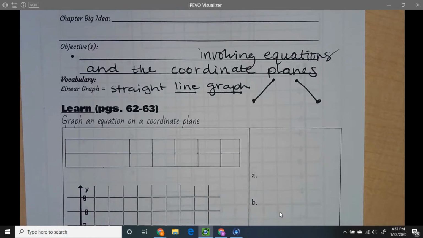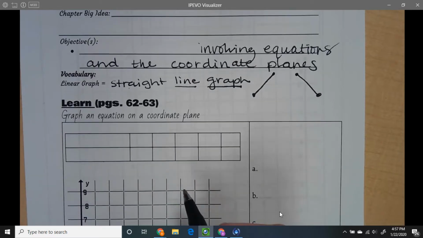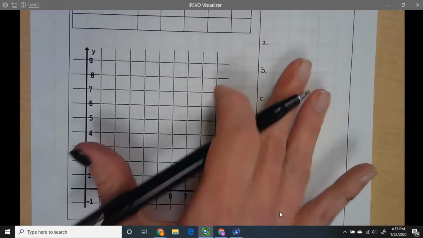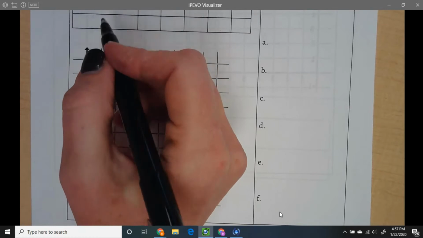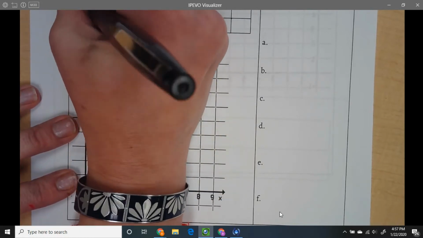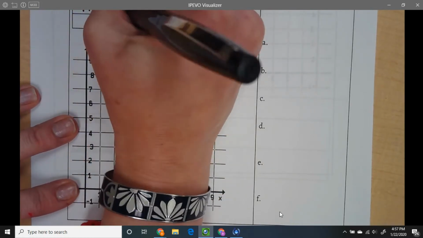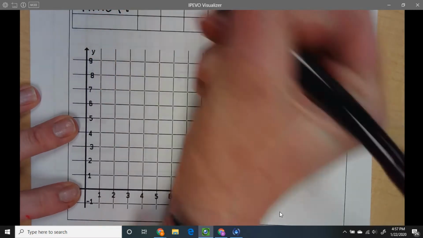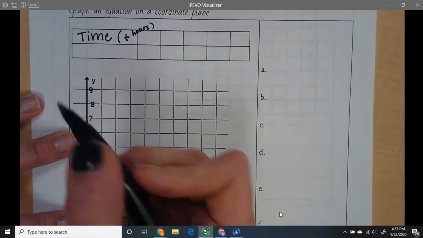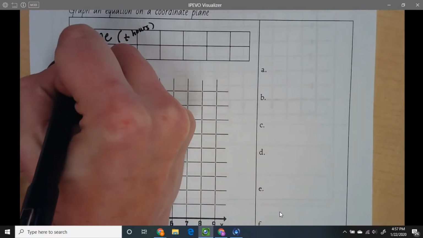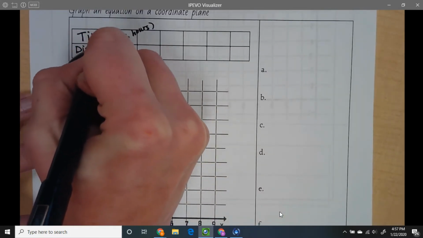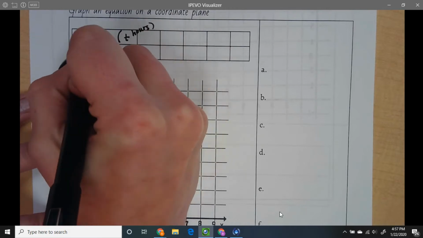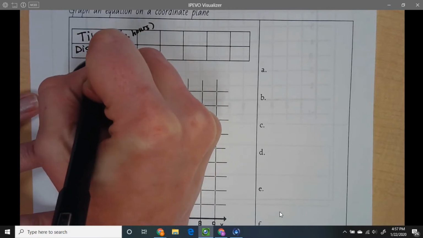So we're going to look at the learn section on this one, just so that we make sure we're doing the right things and learn the correct wording. First, I need you to copy down the chart. That's time, which is T hours, and then distance traveled. You can just put distance, which would be D, in miles.